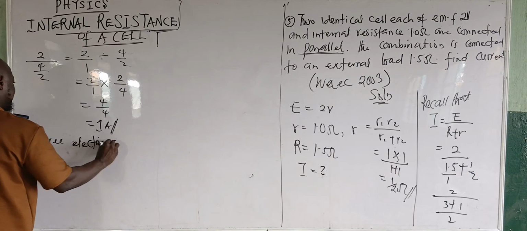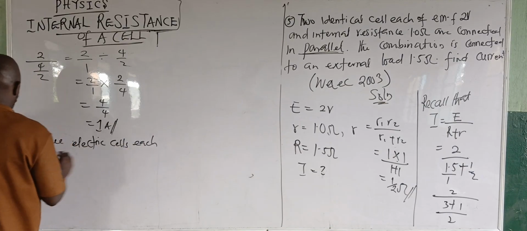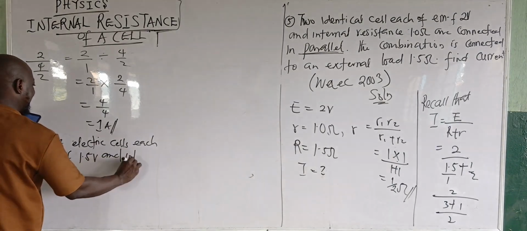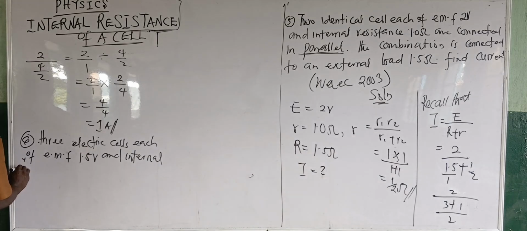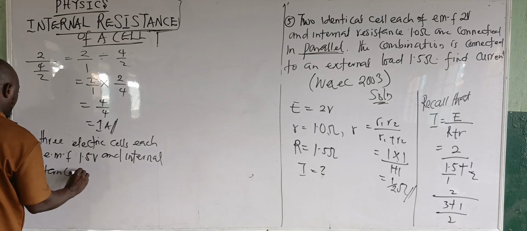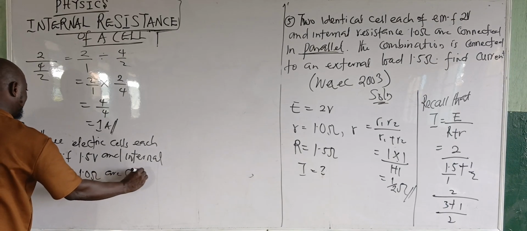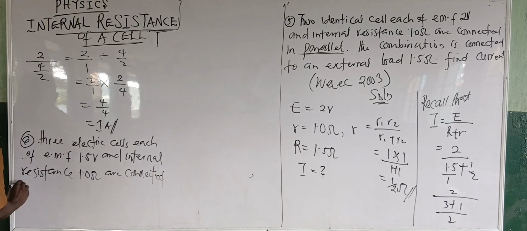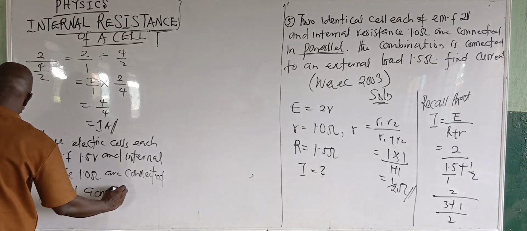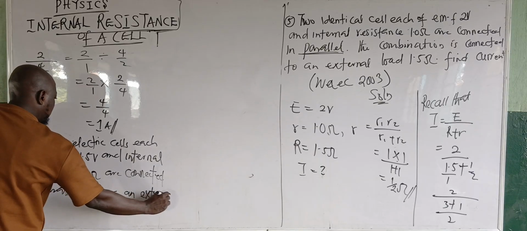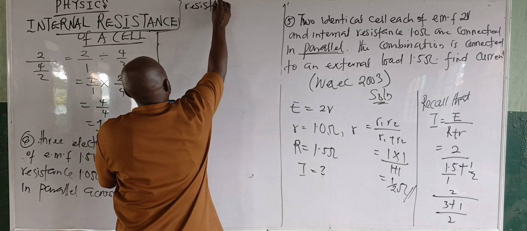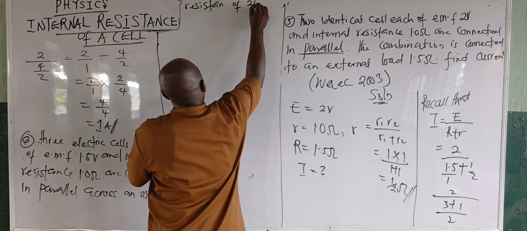Three electric cells, each of EMF 1.5 V and internal resistance 1.0 ohms, are connected in parallel across an external resistance of 2 over 3 ohms.